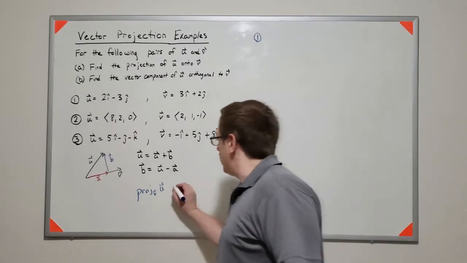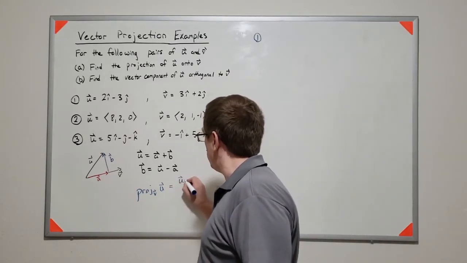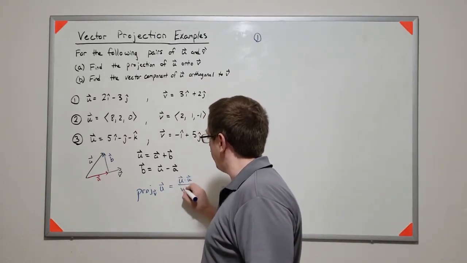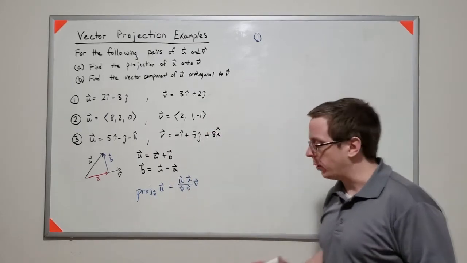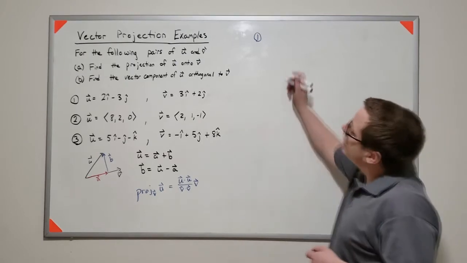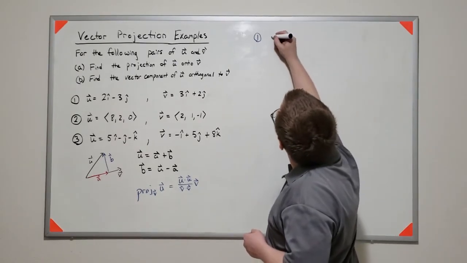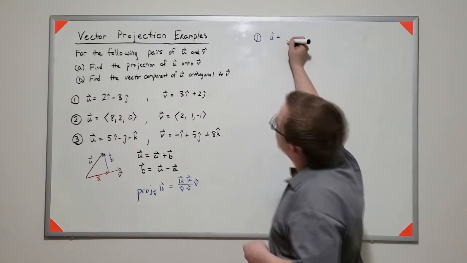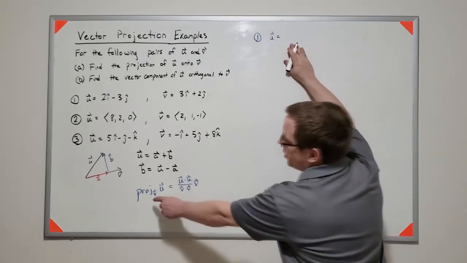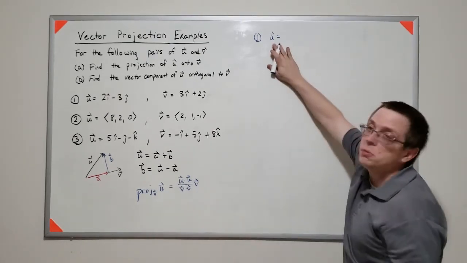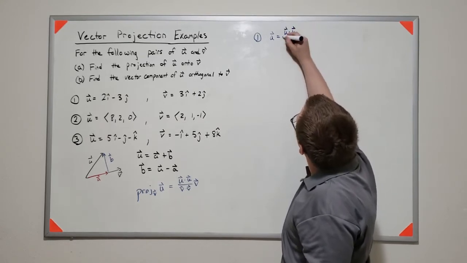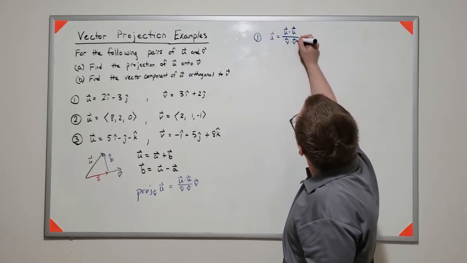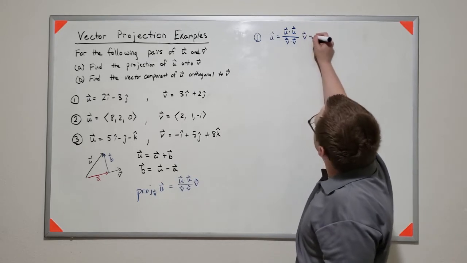Well, let's not get into it, but it's u dot v over v dot v times v. Okay. So in this case, I'm going to write that vector A, which is just a projection vector. I'm simplifying that as u dot v over v dot v times v.